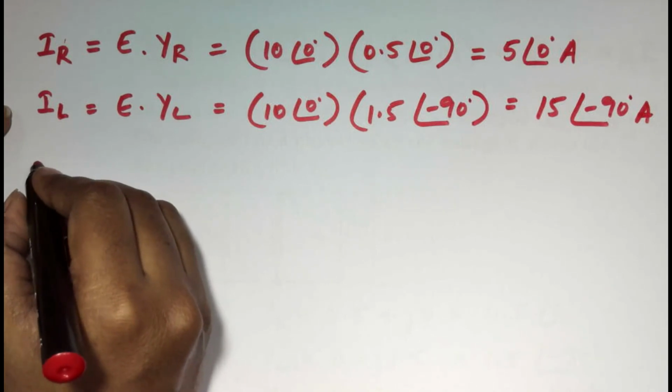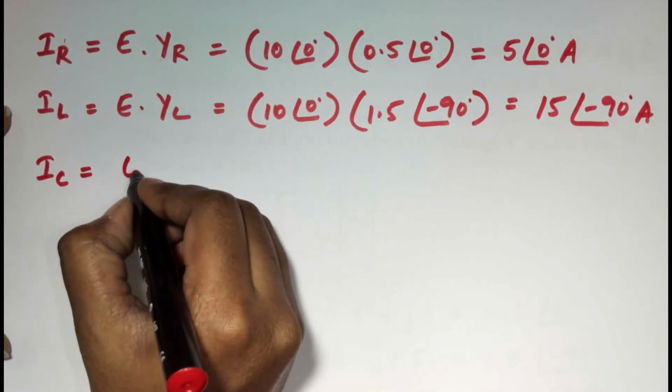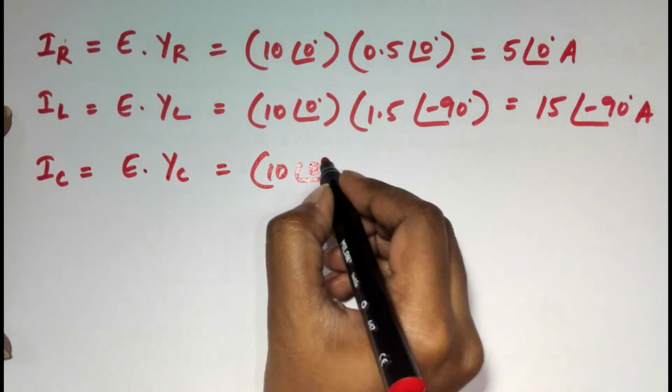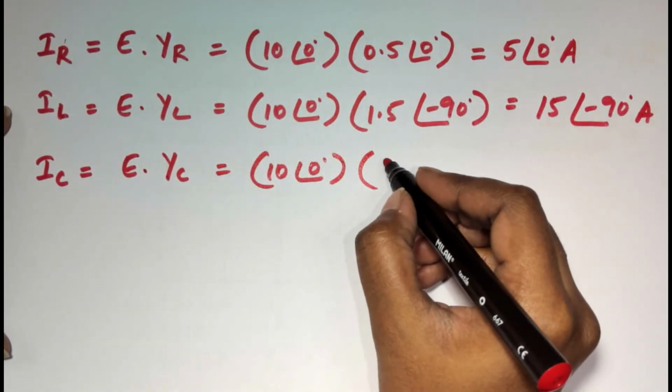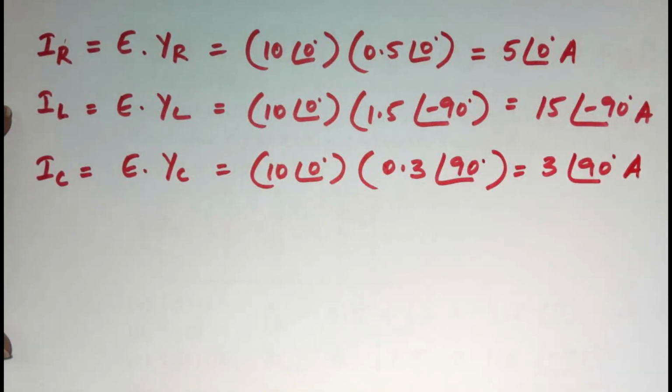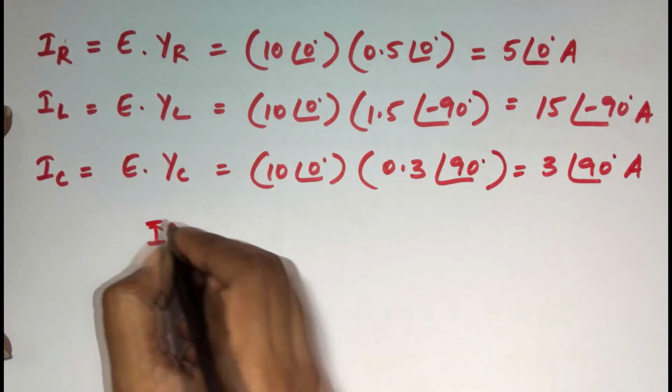Similarly, the next one we calculate is IC. IC is E times YC, that's 10 angle 0 times the value that we found earlier, 0.3 angle 90. Multiplying the two gives us 3 angle 90 amps.